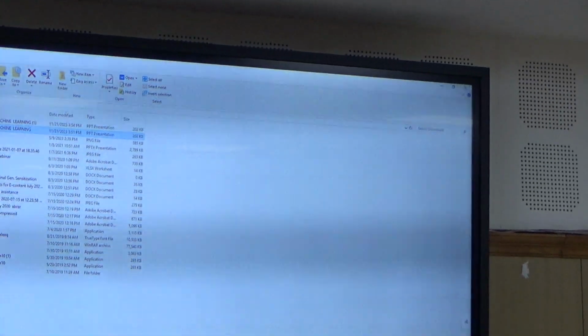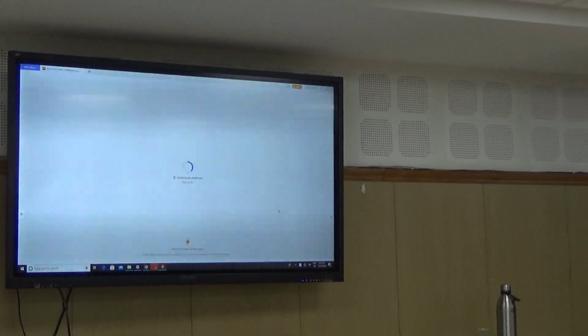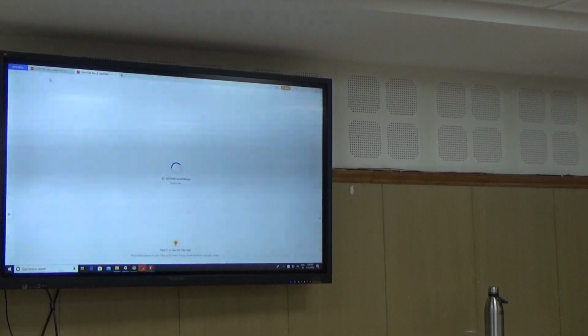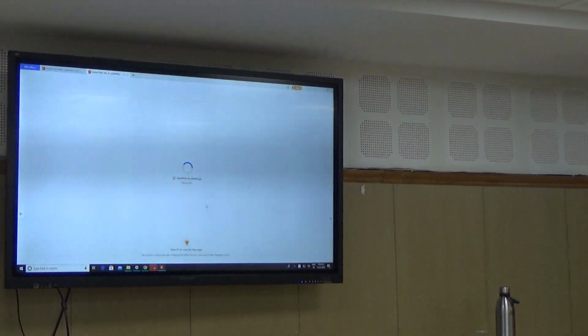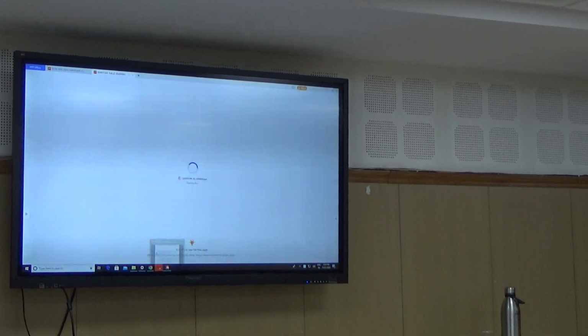So the problem statement is, we have a bunch of images with a river, with vegetation, with residential buildings and some other objects. So given the image, tell me where the river is, tell me where the residential area is, tell me where the forest is.